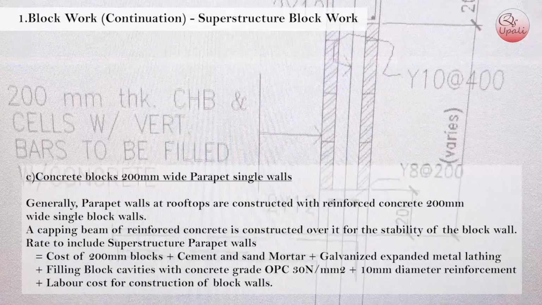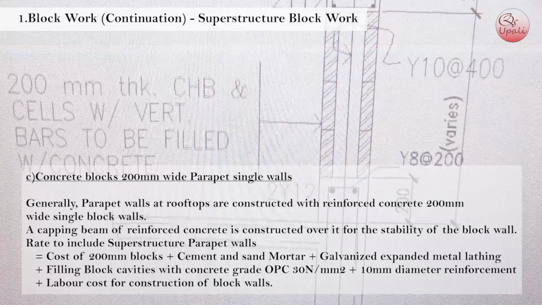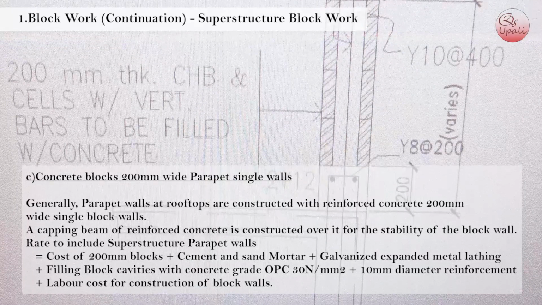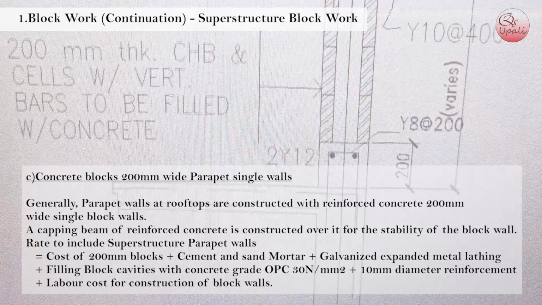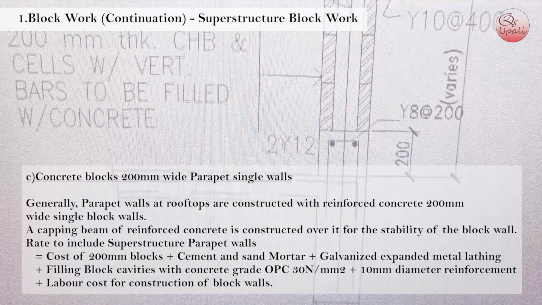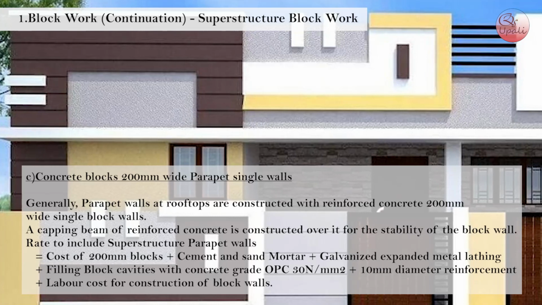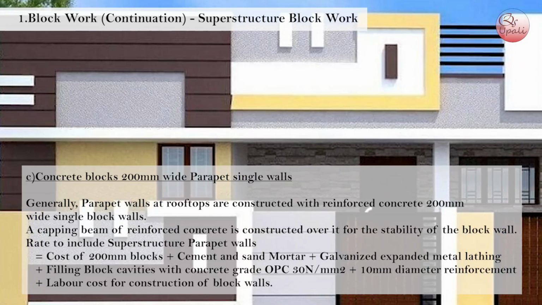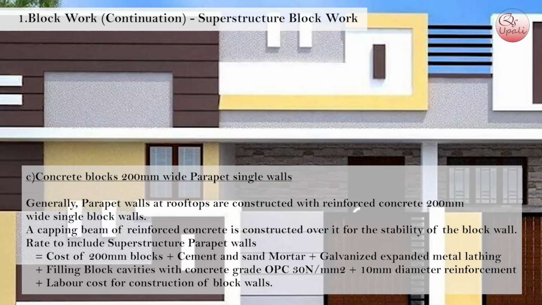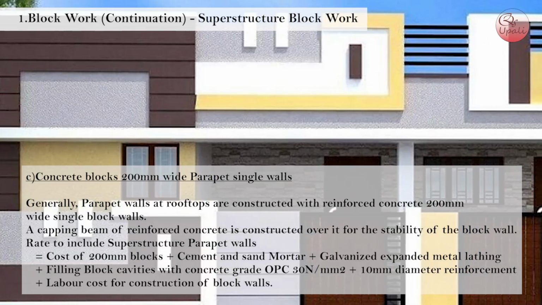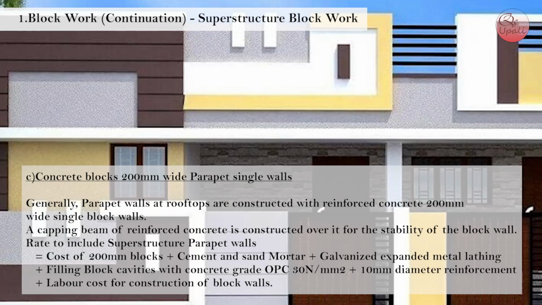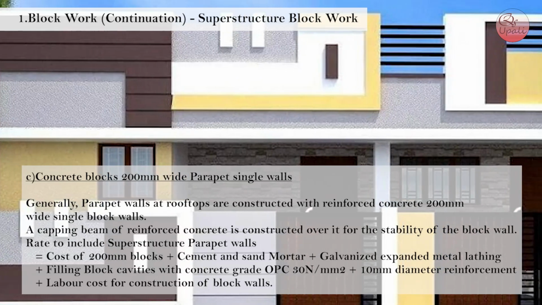Rate to include superstructure parapet walls equals cost of 200 mm blocks plus cement and sand mortar plus galvanized expanded metal lathing plus filling block cavities with concrete grade OPC 20 N/mm² plus 10 mm diameter reinforcement plus labor cost for construction of block walls.